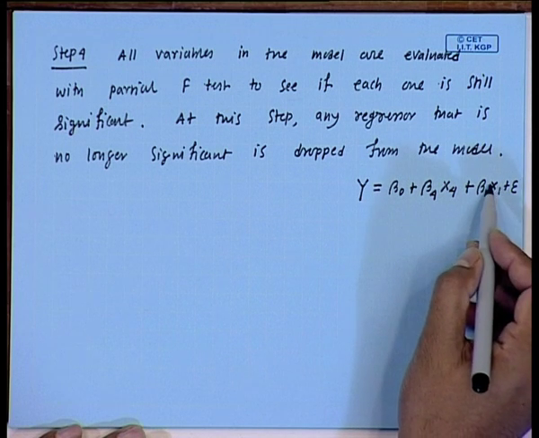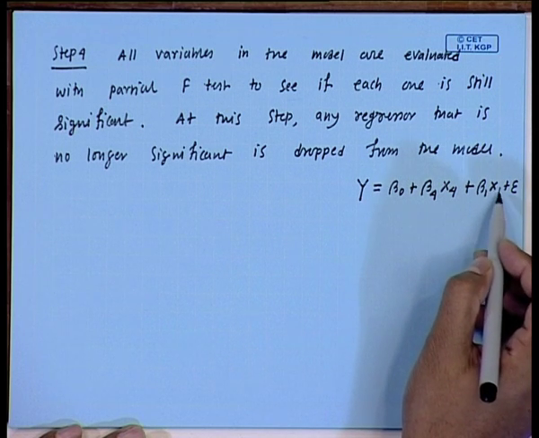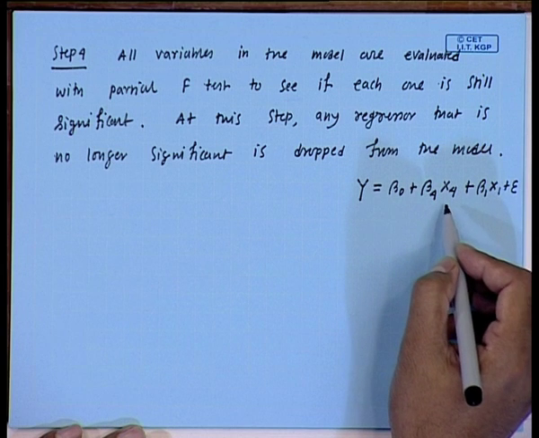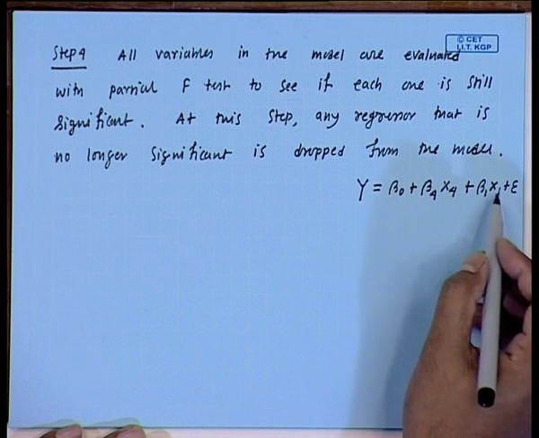Now x 1 is significant in the presence of x 4, that is why in the second step x 1 was included in the model.